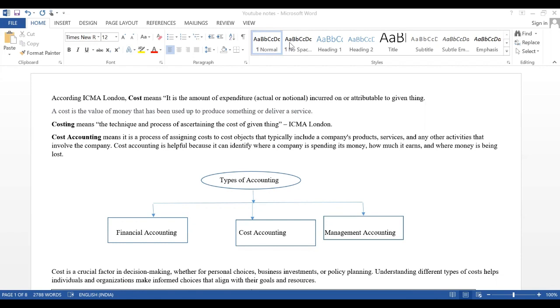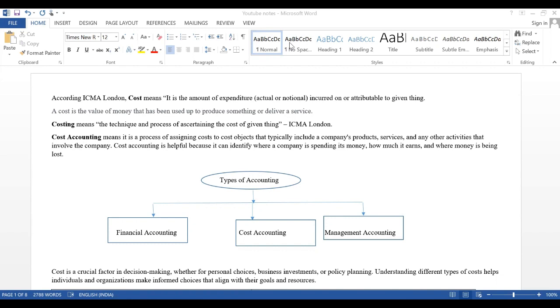So now, in brief, we'll see the types of accounting. First is financial accounting, second one is cost accounting, and the third one is management accounting. Financial accounting, I believe you have studied since your PUC first year, second year, and even in BCom first year.